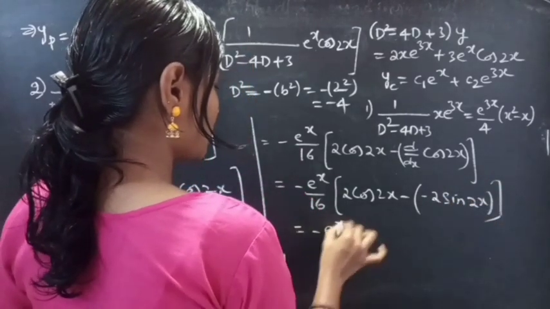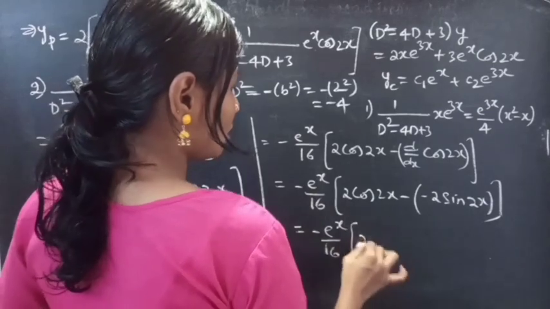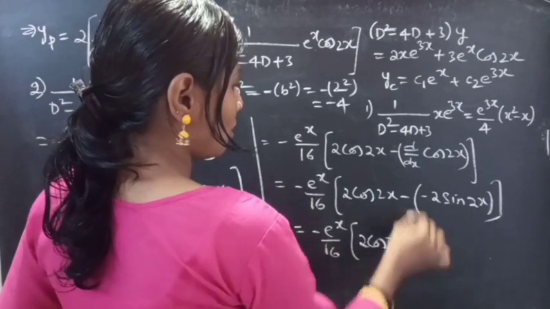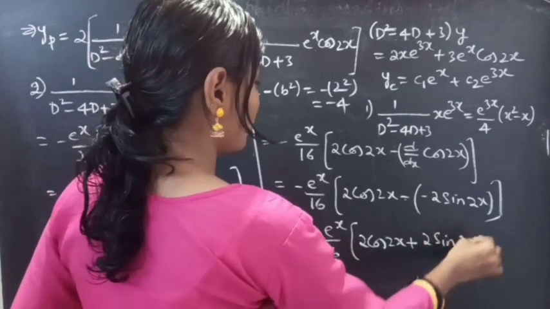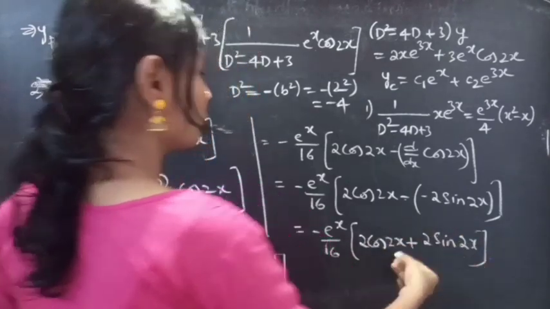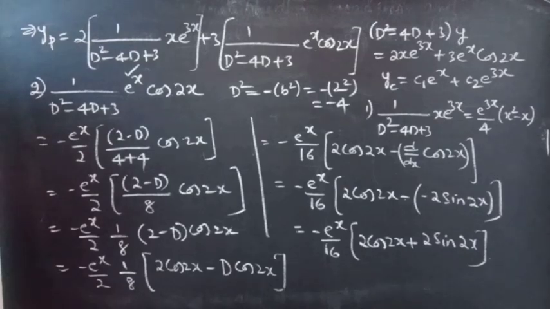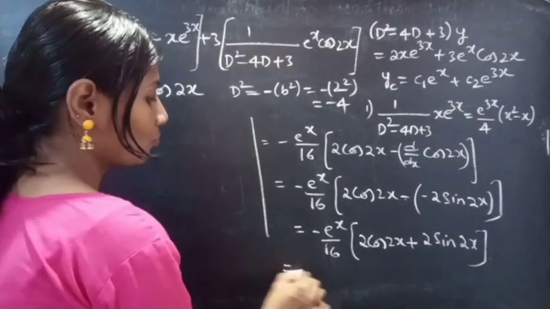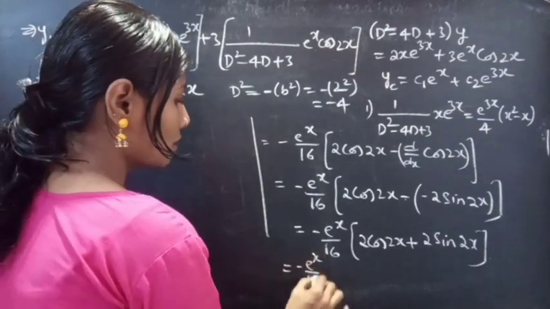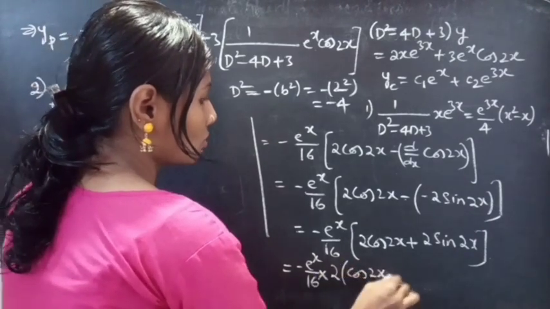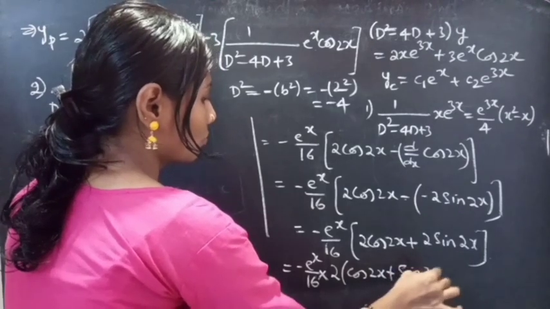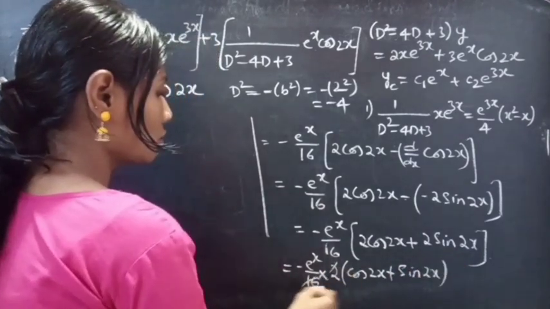Which is equal to minus e power x by 16 into 2 cos 2x, minus into minus plus, 2 sin 2x. Now take 2 common from these two terms. We'll get minus e power x by 16 into 2 times cos 2x plus sin 2x. 2 ones are 2, 2 eights are 16.